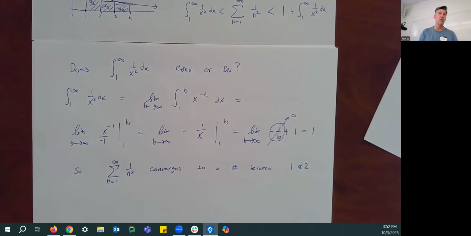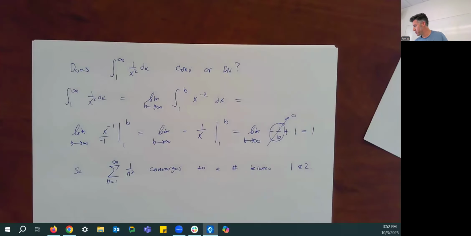I will tell you, because it is a widely known fact, that this series actually converges to pi squared divided by 6. But that's probably something you don't actually have to know for this class. There is kind of a slick proof of it that you could check out sometime if you wanted to. But that's not the point right now.